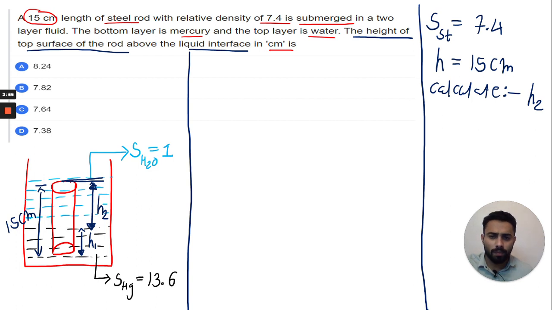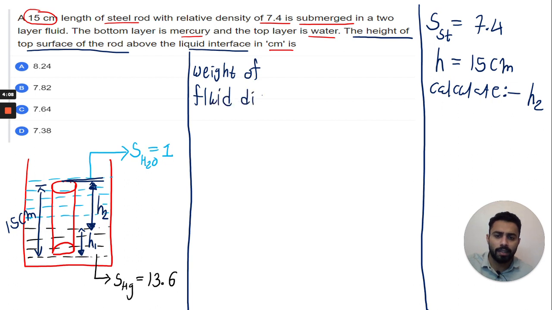So we use the Archimedes principle. What is Archimedes principle? Weight of fluid displaced is equal to the weight of body.